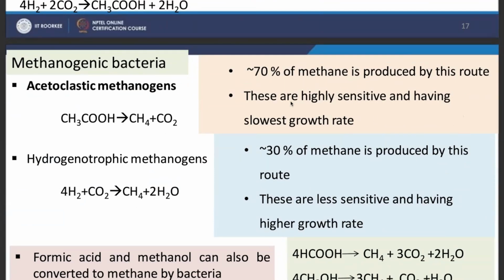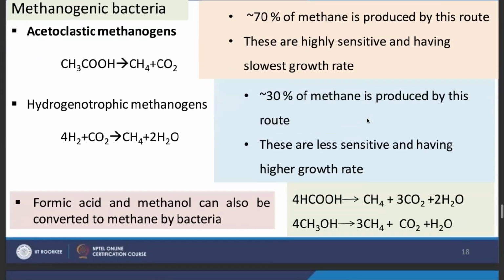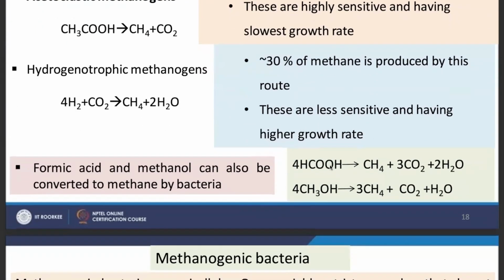And it is written here also that 70% of methane is produced by this route, that is acetoclastic, by using acetoclastic methanogens. They are highly sensitive and have the slowest growth rate. Next, for hydrogenotrophic methanogens, 30% of methane is produced by this route, right? And they're less sensitive and have a high growth rate.